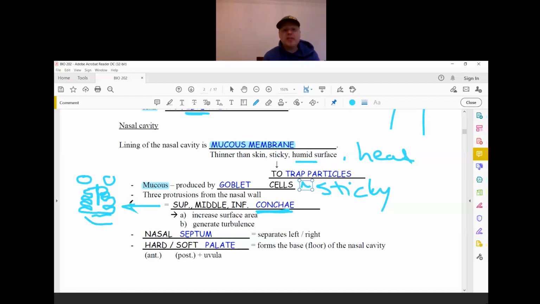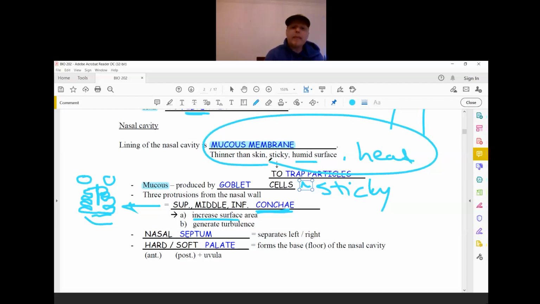The function of these is, first of all, to increase the surface area, so we have more surface area to do all these functions that we saw earlier on. But also, they generate turbulence. If you think of it as a sideways horizontal tornado, so the circulation of the air within the nasal cavity means the maximum amount of air makes contact with the mucous membrane.